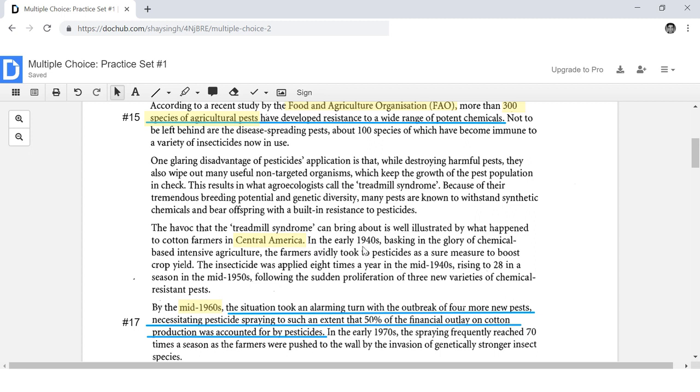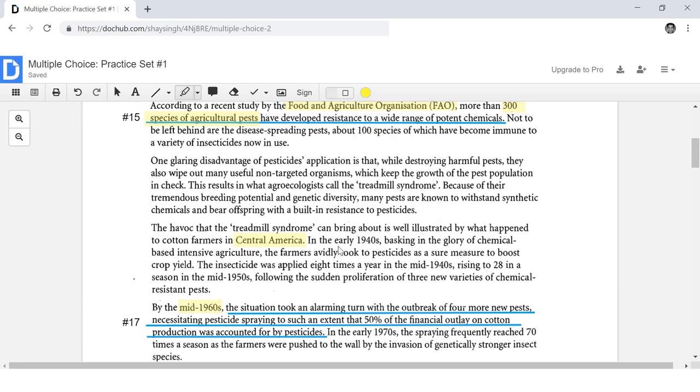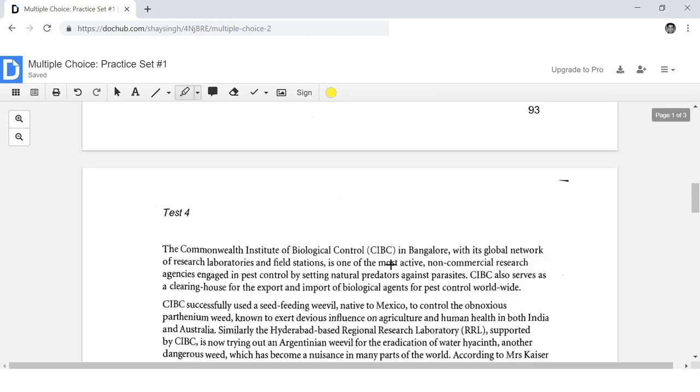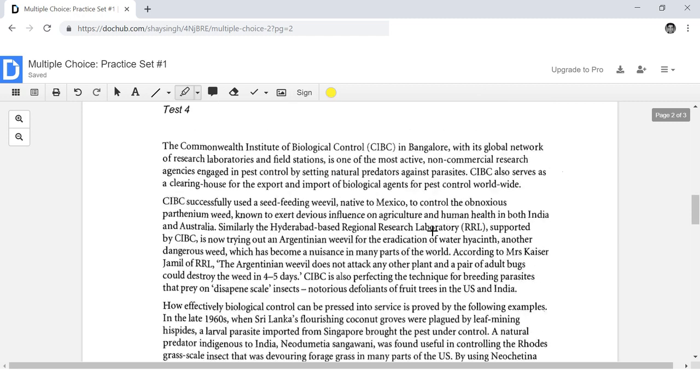It says, in the early 1940s, basking in the glory of chemical-based intensive agriculture, the farmers avidly took to pesticides. There we go, guys. That is our synonym language. It says that they took to pesticides. Took to pesticides is synonym language for saying that they started using pesticides. Why did they start using pesticides? Okay, that is synonym language.